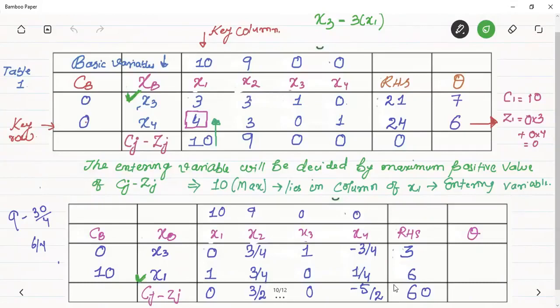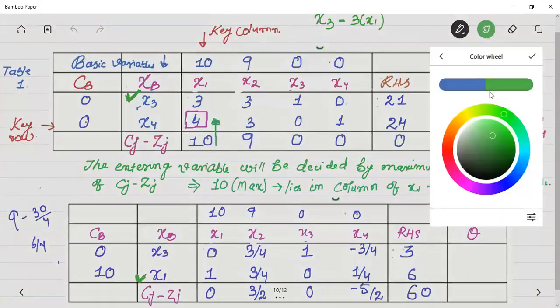It is written here also, the entering variable will be decided by maximum positive value of Cj minus Zj. If you look at the values of Cj minus Zj, the maximum positive value is 3 by 2, isn't it? We do not have to consider negatives at all. Now which positive is left? 3 by 2 is left. You can see that the maximum positive value is 3 by 2. Therefore, it will be the entering variable. Okay.